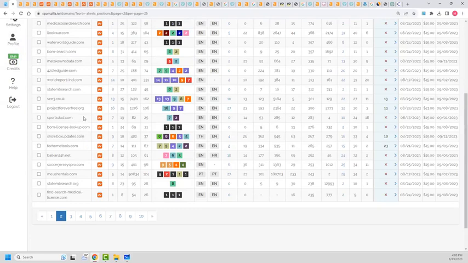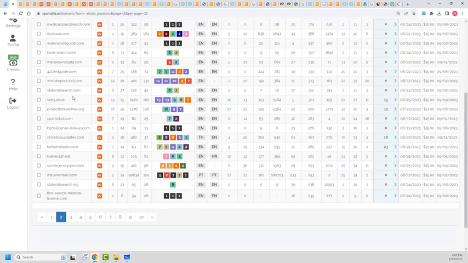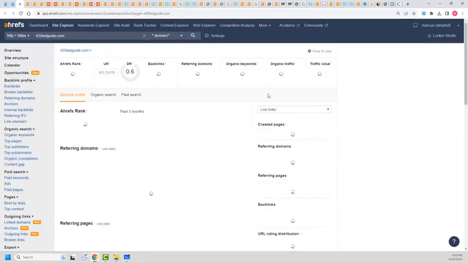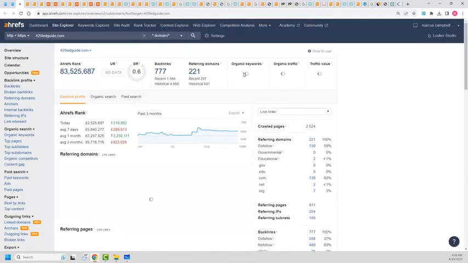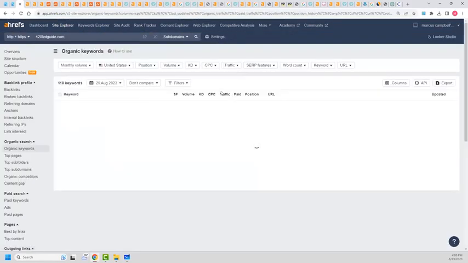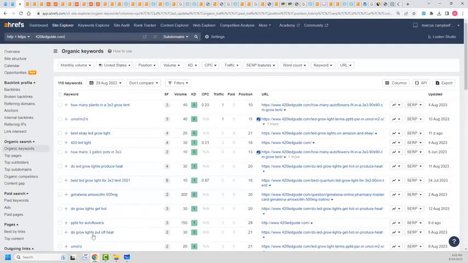That's the question. Let's see. 420 LED. So this one, actually, I saw this the other day. It was for growing lamps, like people that grow pot and stuff. They have special little lamps for them. And I was thinking, okay, that could go into the hydroponics niche. Could be decent, right? Do you guys see why I'm thinking about this?